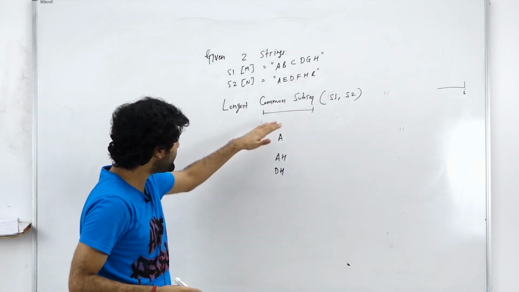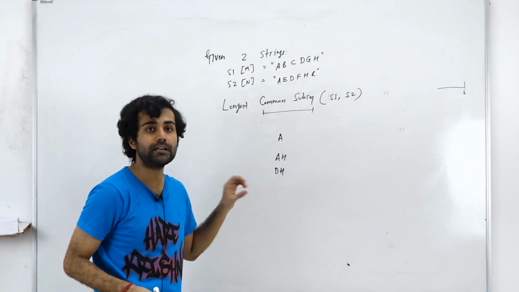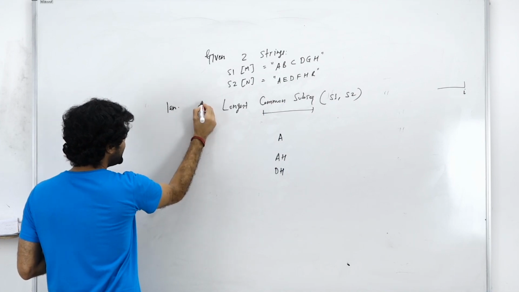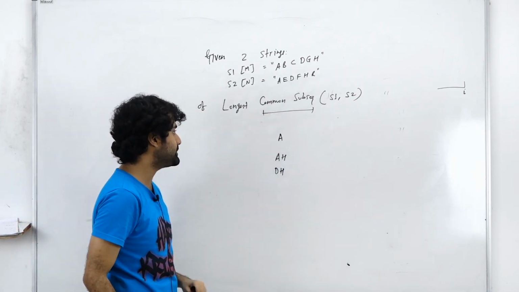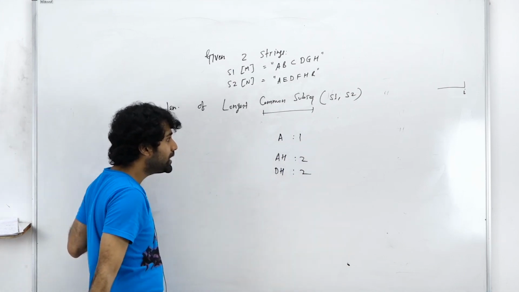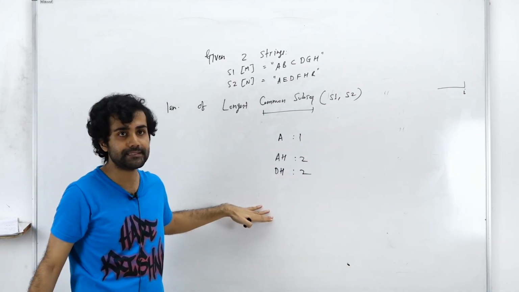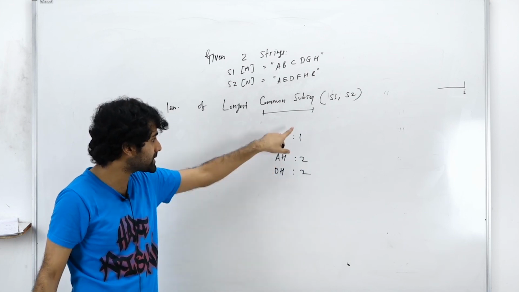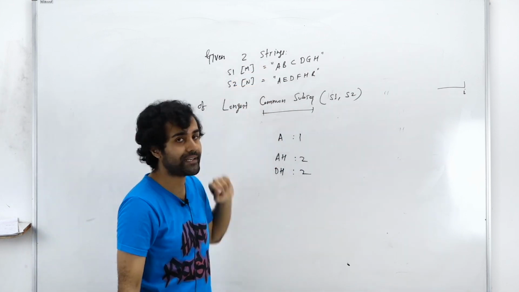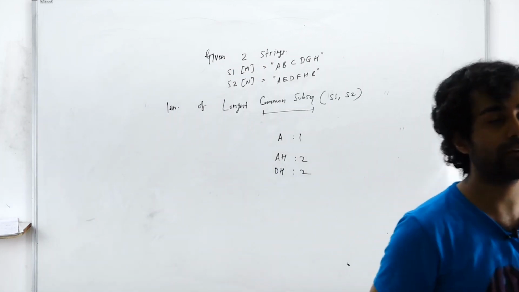So they are different common subsequences, but out of all of them, I need to know the length of the longest common subsequence. The length of this was 1, length of this was 2, length of this was also 2. Can you think of a common subsequence between S1 and S2 which has a length greater than all these?